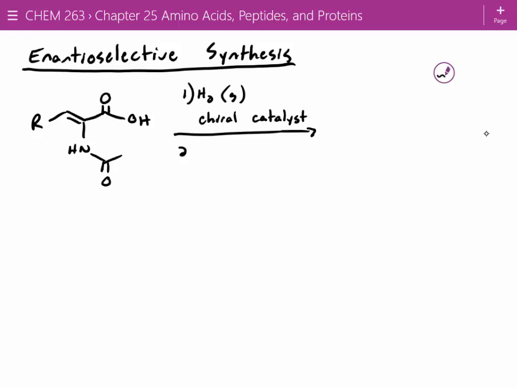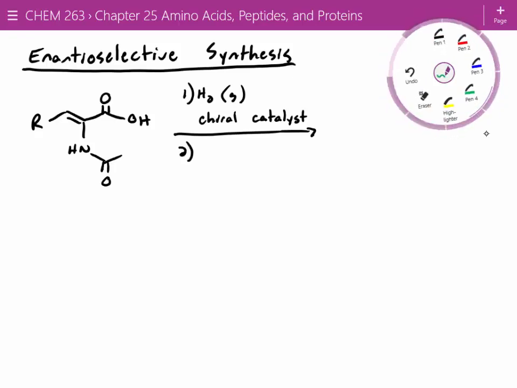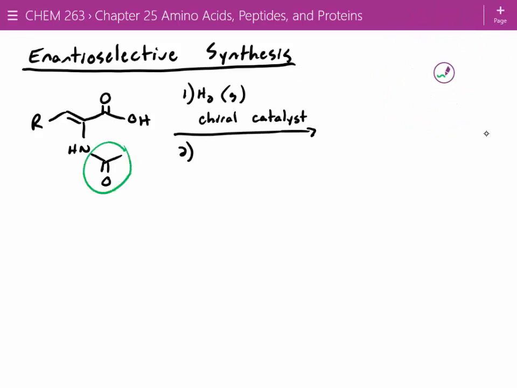And then in the second step, we need to pop off that acyl group down here. So how can we remove an acyl group? Yeah, we need to use acid or base to hydrolyze our amide there. So in this case, I'll just choose base and water.